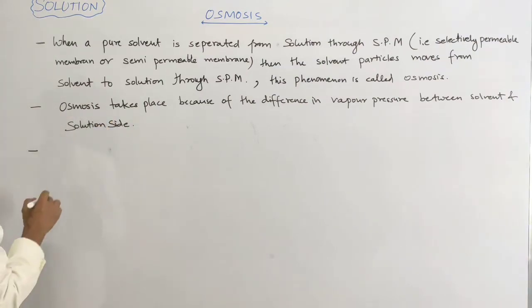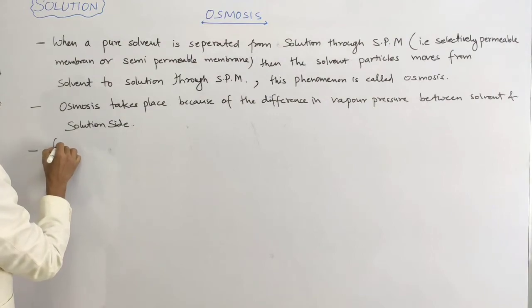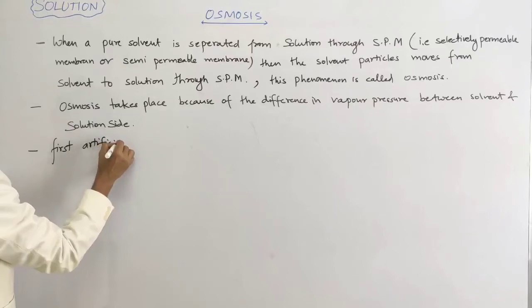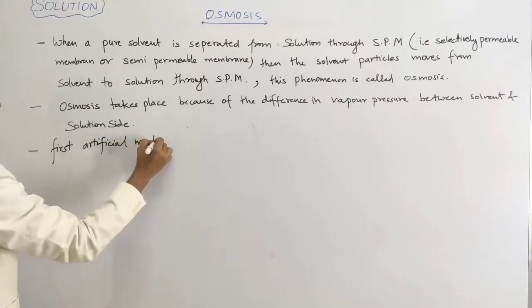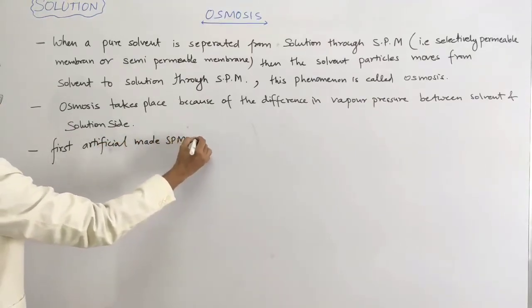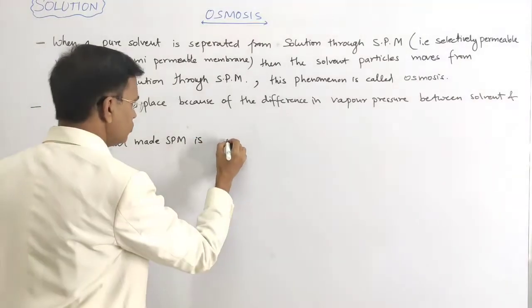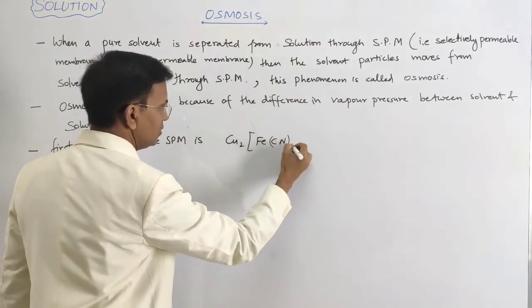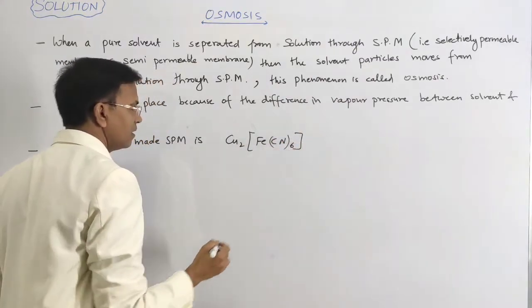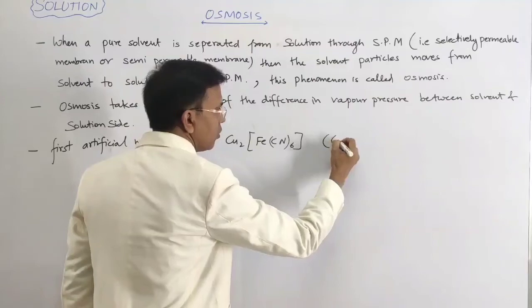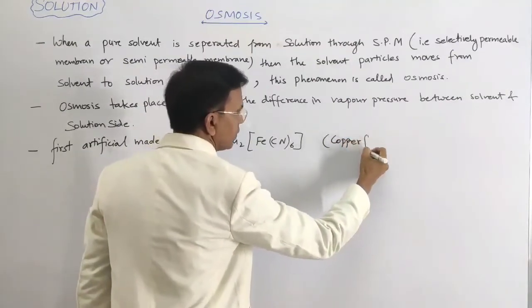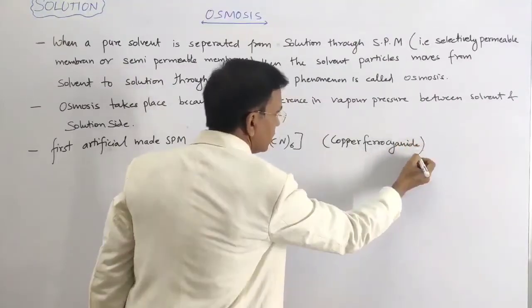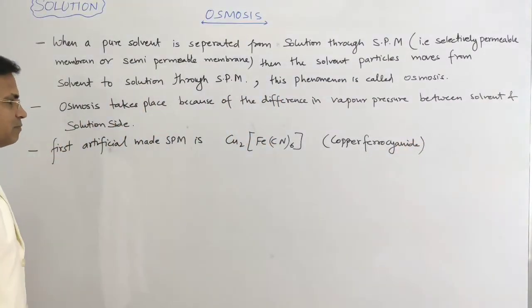Now the next point: the first artificially made SPM is Cu2[Fe(CN)6]. The name of this compound is copper ferrocyanide. This is the first artificially made SPM.